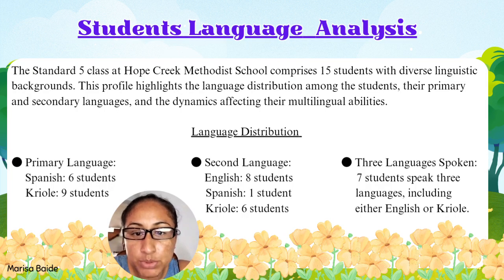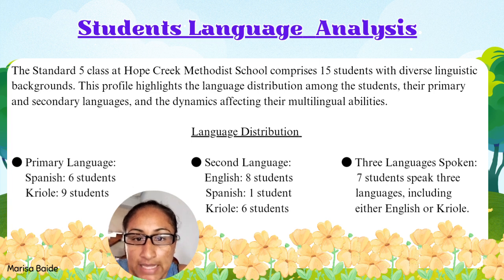Now if we look at the students' language analysis, the Standard 5 class at Hope Creek Methodist School comprises 15 students, all with diverse linguistic backgrounds. The profile highlights the language distribution among the students, their primary and secondary languages, and the dynamics affecting their multilingual abilities.